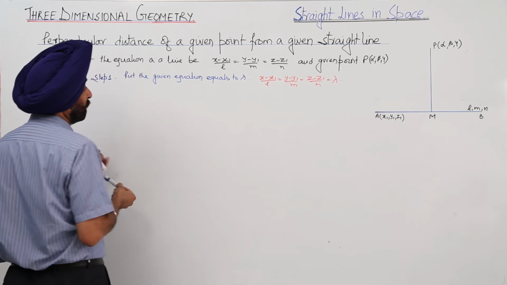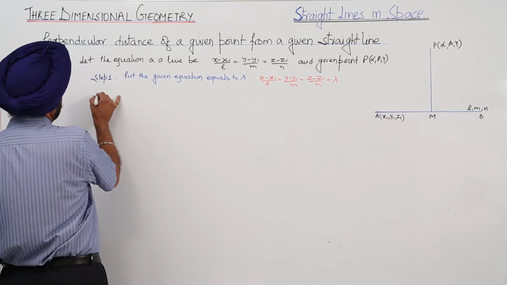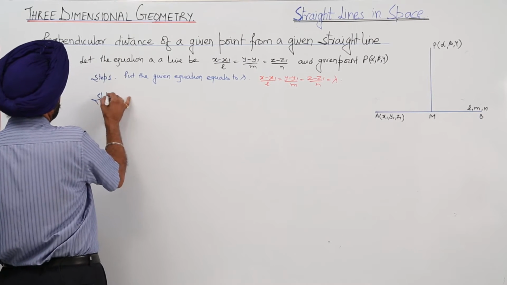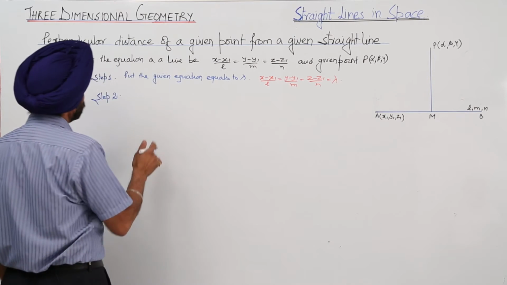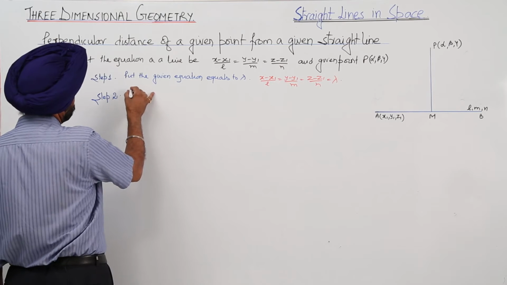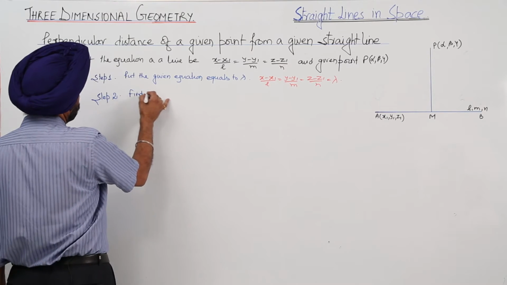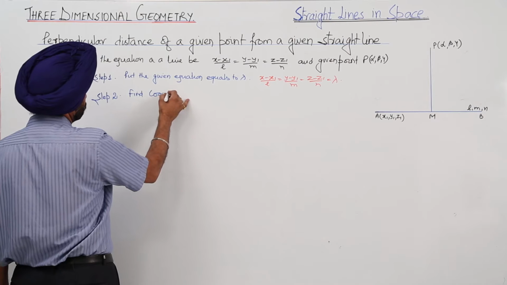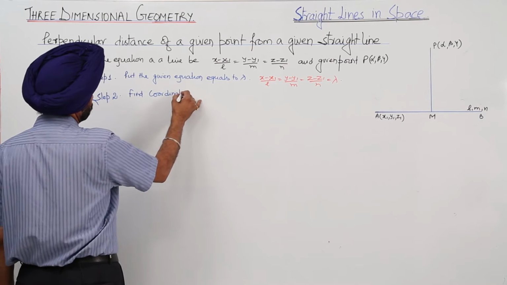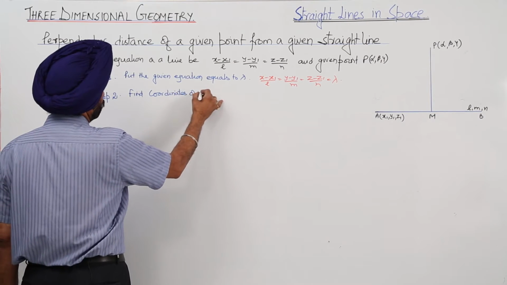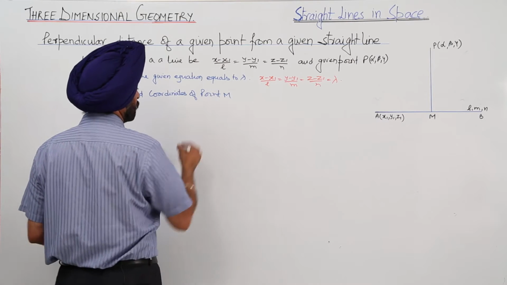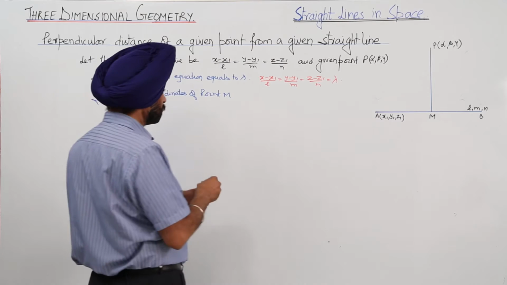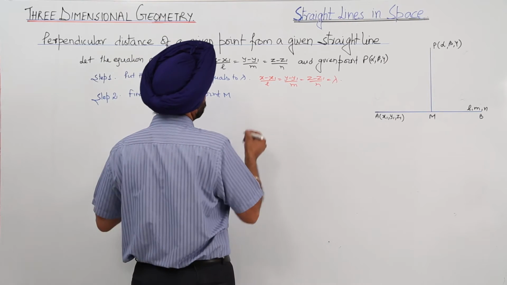Step number 2. Step 2 is to find the coordinates of point M. Now, how to find the coordinates of point M? We have already done this topic.